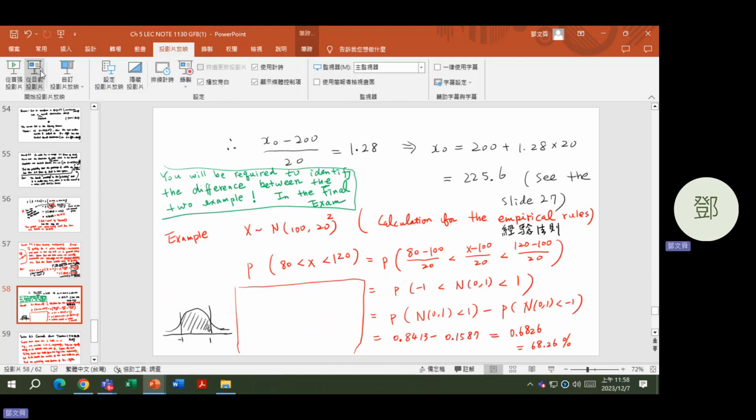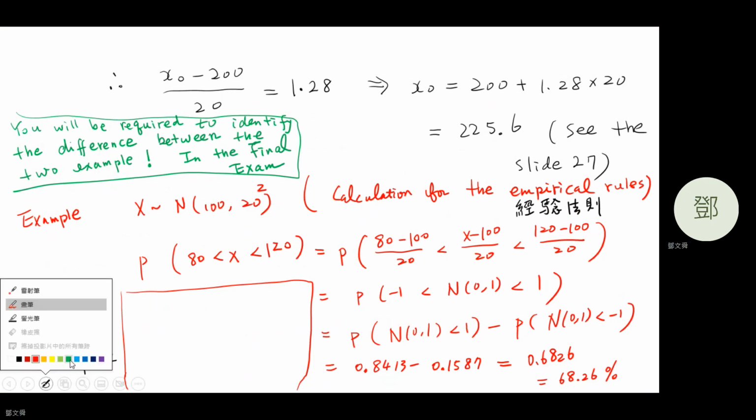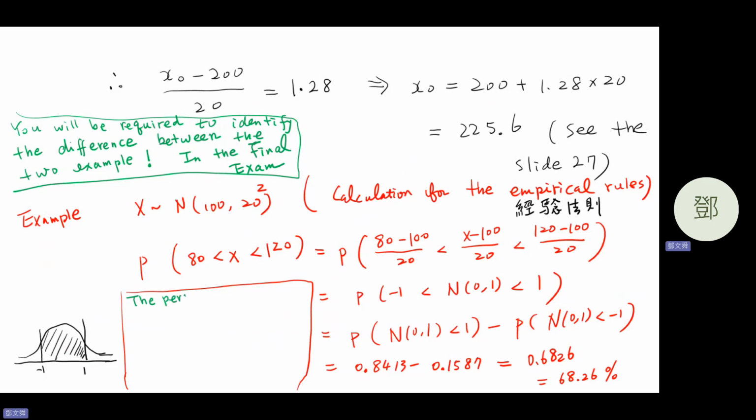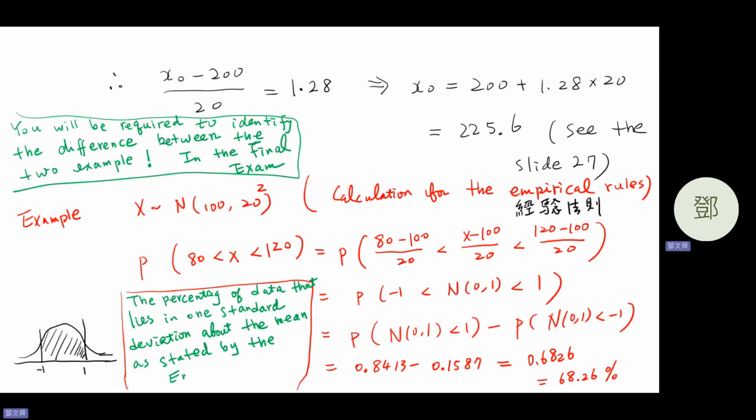The percentage of data that lies within one standard deviation about the mean, as stated by the empirical rule.